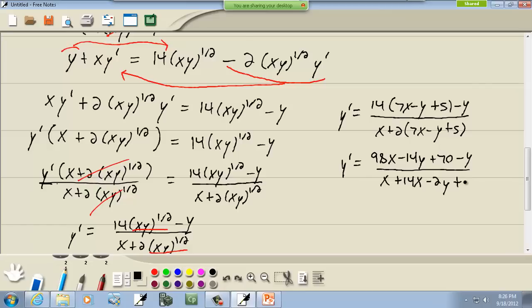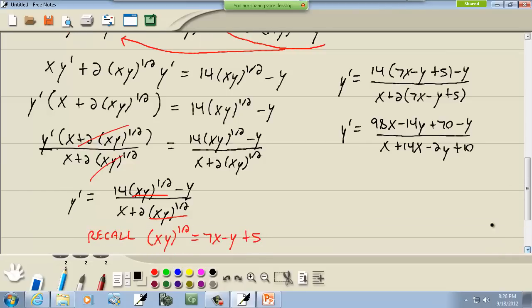And 2 times 5 gives us 10. Well, combine together like terms. So we got 98x, negative 14y, negative y is negative 15y, plus 70 over x plus 14x is 15x minus 2y plus 10.